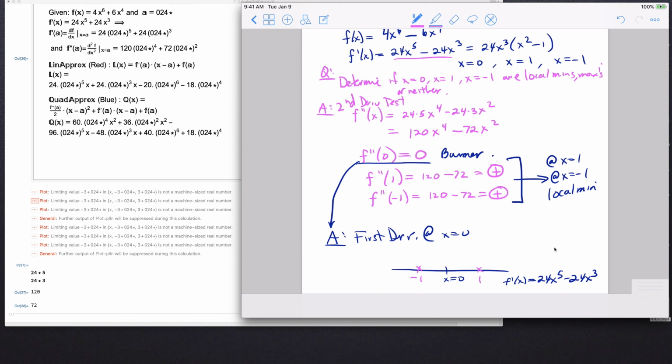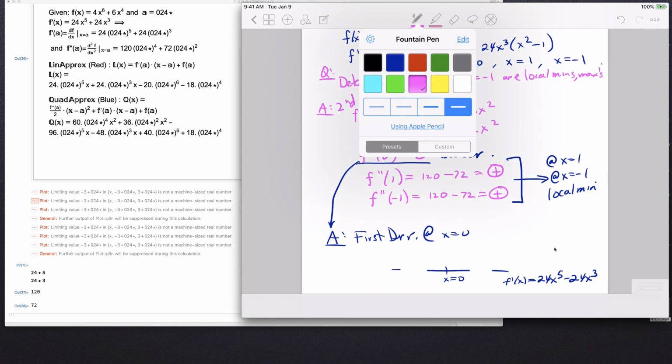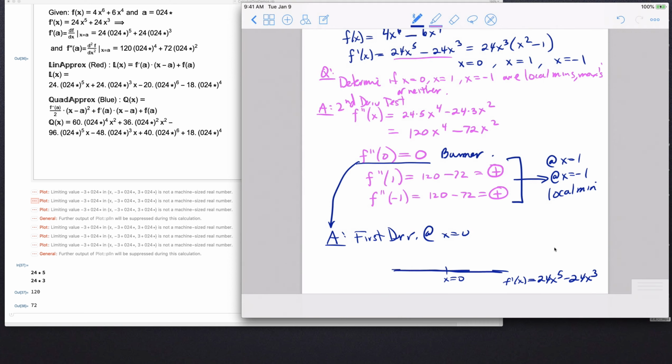Oh, we can't use 1 because those were critical numbers. So we need to choose numbers between -1 and 1. How about right here? So how about -1/2 and +1/2?